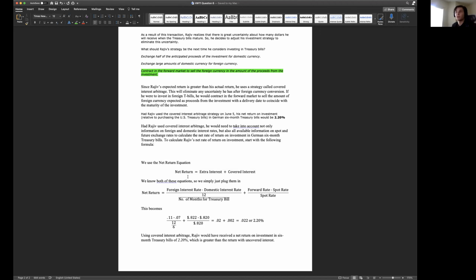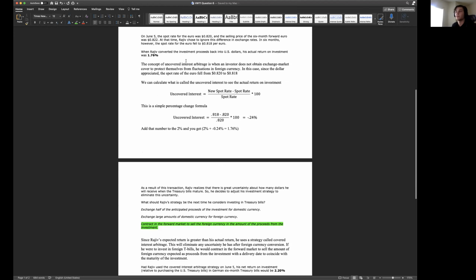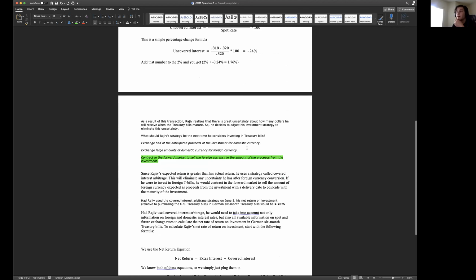In this case, we're going to use the net return equation, which is basically your extra interest plus the covered interest that covers you for the fluctuations in exchange rates. So for the covered interest rate, you're going to use the forward rate, which we had above, which was 0.822 dollars.